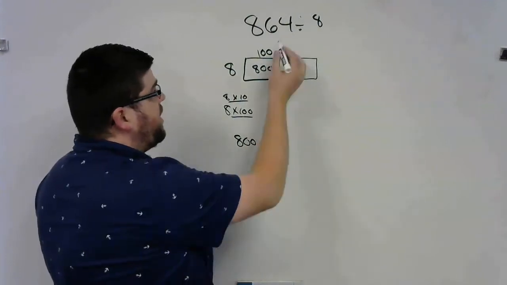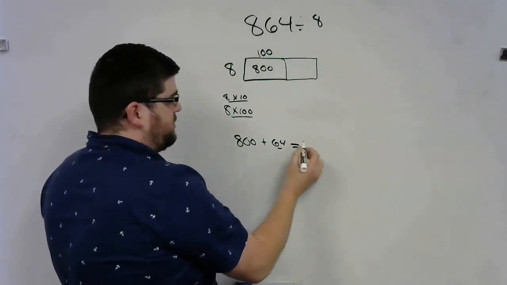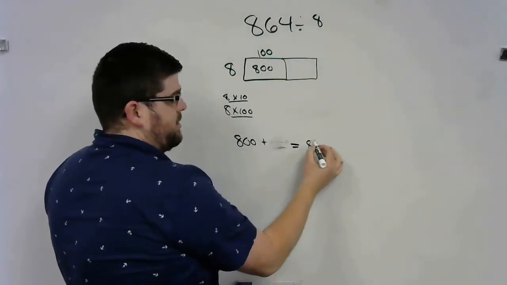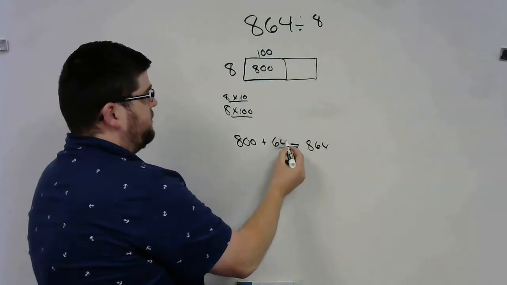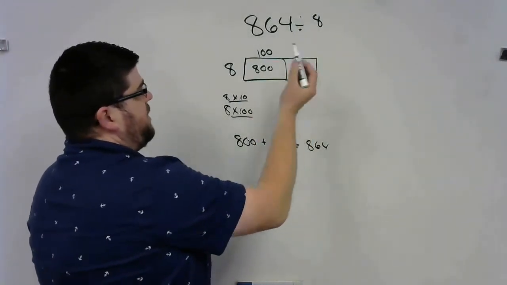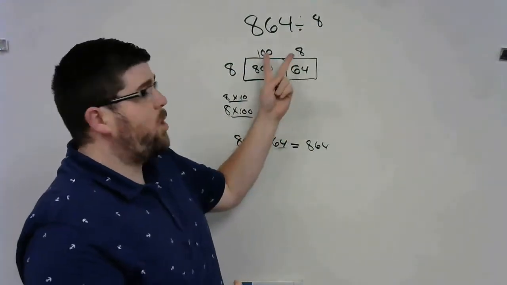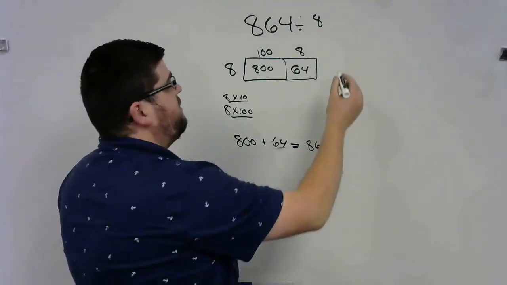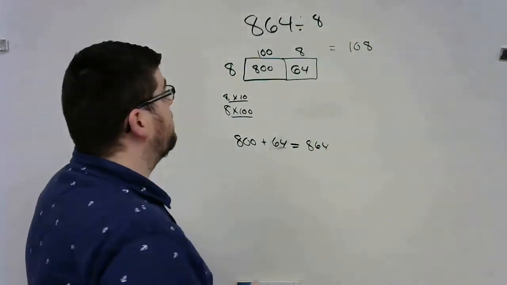Now I've done 800. I need to find 800 plus what number equals 864. And it is 64. So in here I'm going to put 64, and then 8 goes into 64 8 times. So these are partial quotients. I have to add those two together to equal 108.